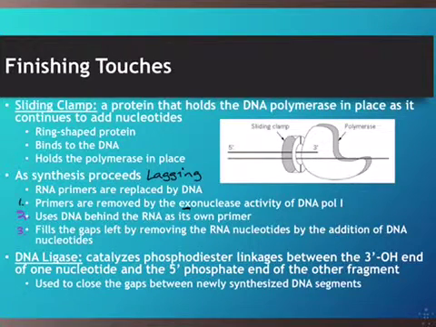So DNA ligase is another enzyme that helps build the phosphodiester bonds between the 3' hydroxyl end of one nucleotide and the 5' phosphate end of the other fragment. It's used to close the gaps between the newly synthesized DNA segments. So we get the 2 segments that are made, but then this DNA ligase is going to come in and glue them together.